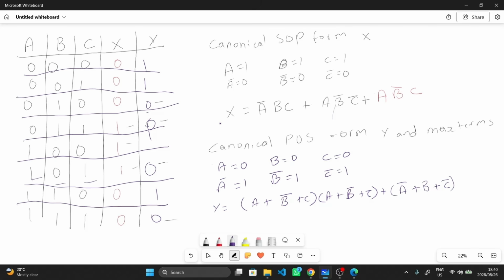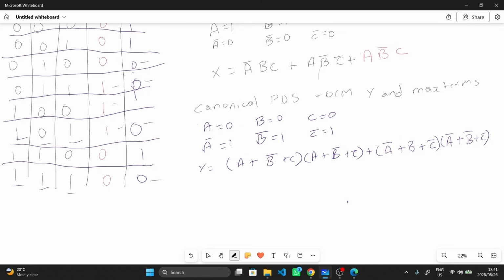And then we have our this one, where at the end everything is A complement plus B complement plus C complement, right? And then we said we need to have the max terms as well, right? So this is going to be our max terms.